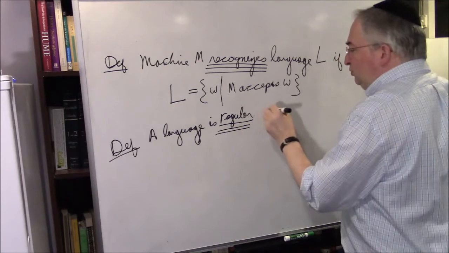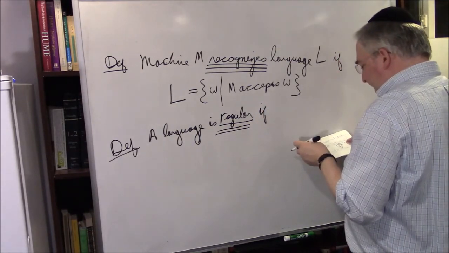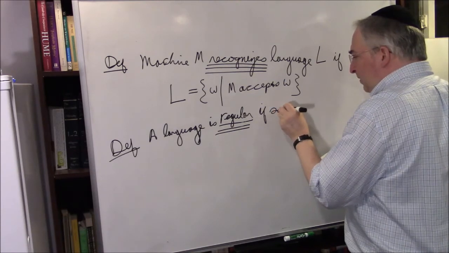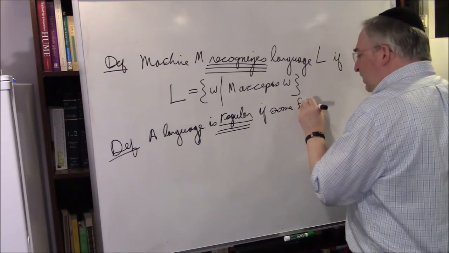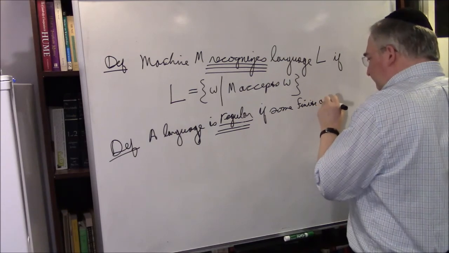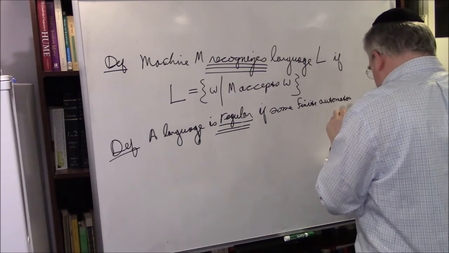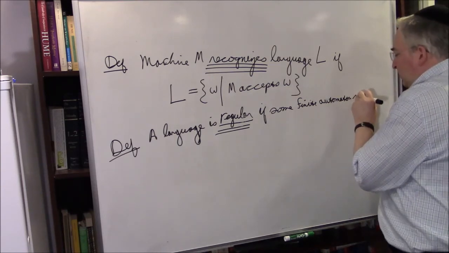So a language is regular if some finite automaton recognizes it.